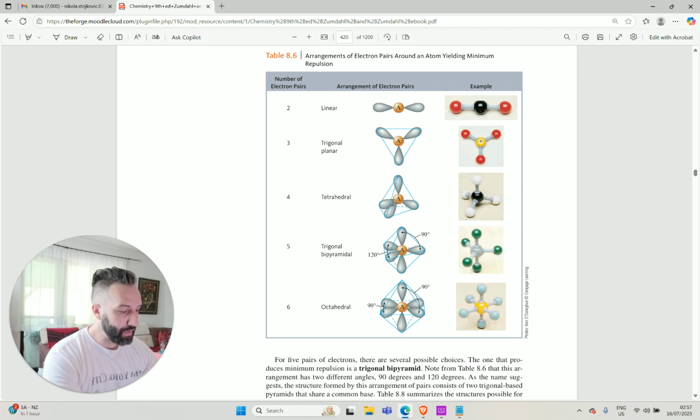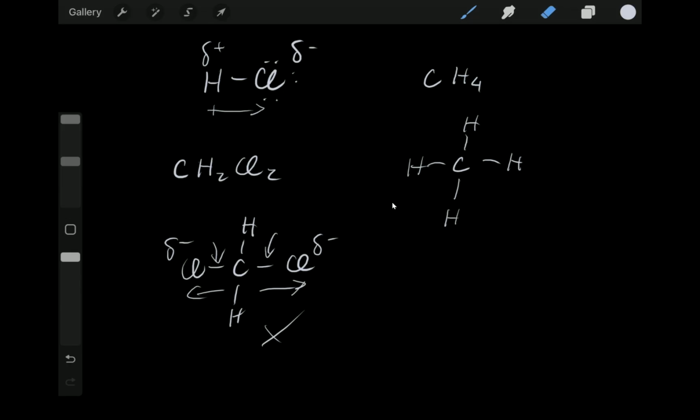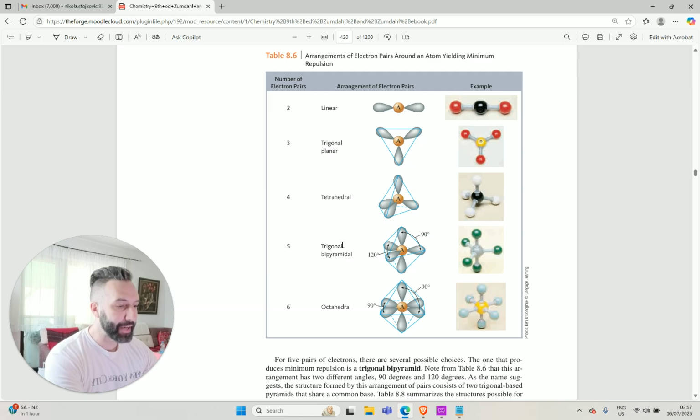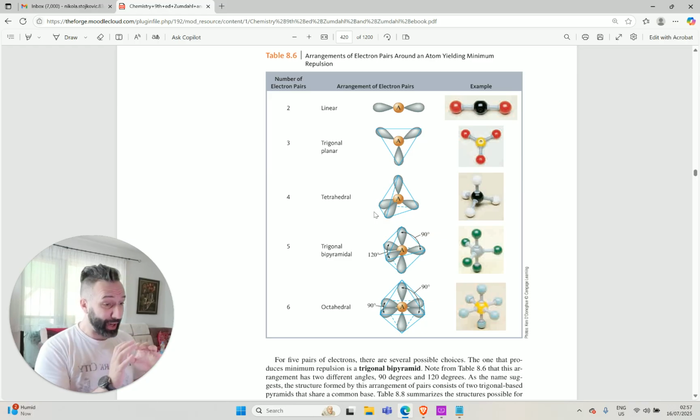So you see, even if you draw it like this in 2D, how it actually looks in 3D would be like this. So if one Cl would be here, the other one will have to be either here, here, or here. But whatever the other Cl is, you will not have a symmetrical molecule where you have two Cl's pulling opposite.